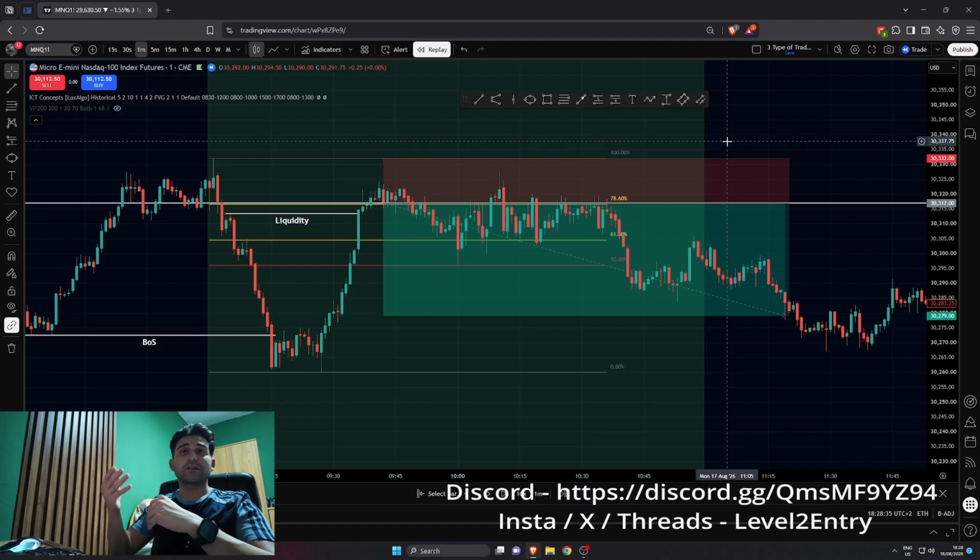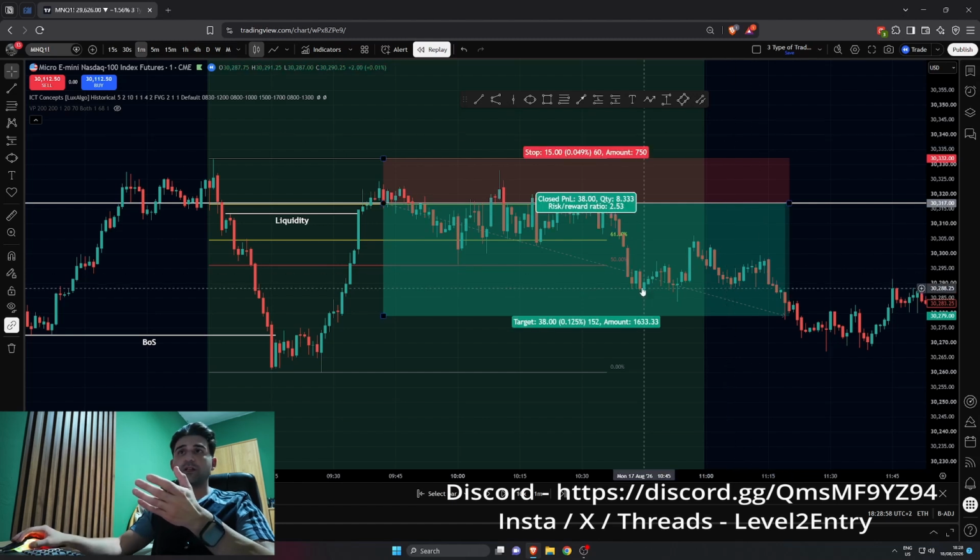Then I plotted the fib, waited for price to go above the 61.8, and also marked liquidity from that bearish movement. After price went above that liquidity, I took the entry with the first bearish candle created. And like that, I made 2.5R.